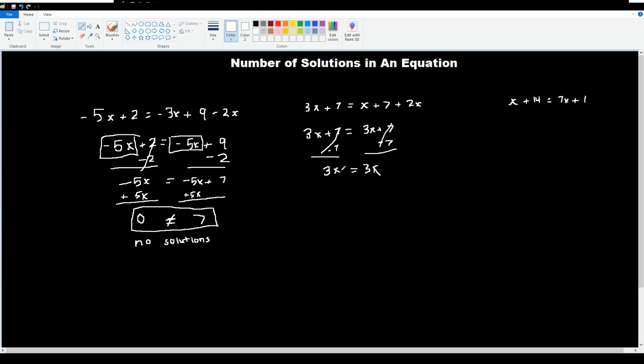So x can be literally anything you want it to be, whether it's 3.456 or whatever bajillion, and the statement 3x equals 3x will remain true. Whenever you see that you have an expression that's the same on the other side, that's how you know there are infinitely many solutions for that equation.